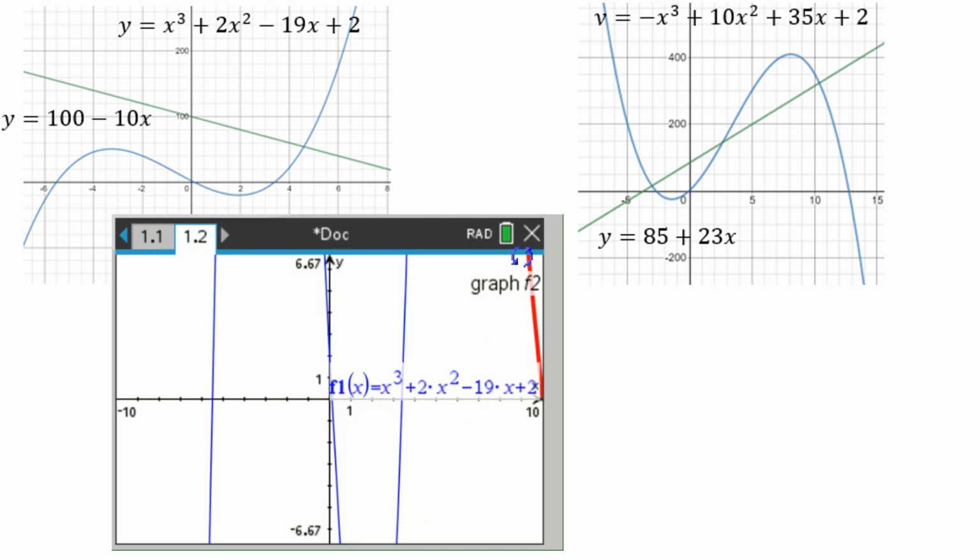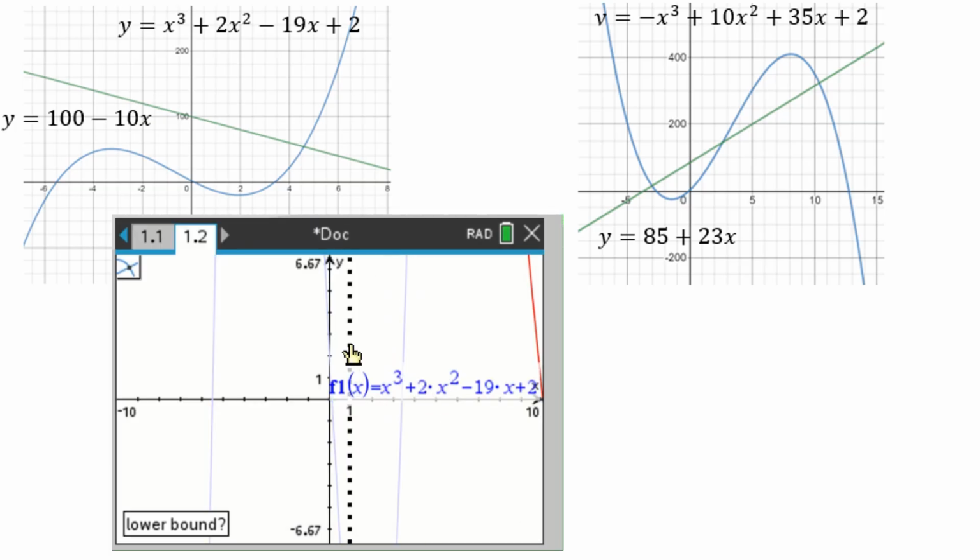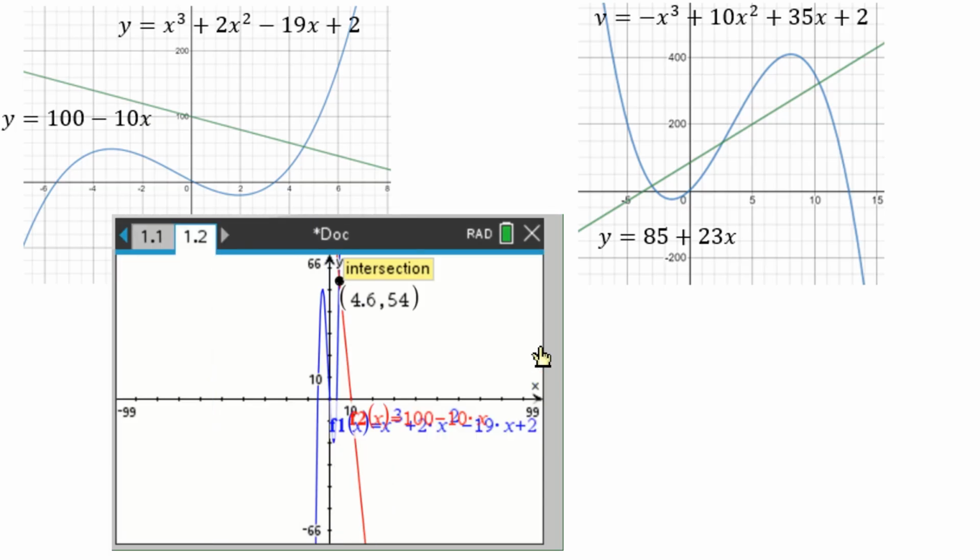If you go on standard, you can't see that it crosses, but you can see there's a red line here and the blue part of a graph. Let me just show you. Analyze graph, intersection, and it automatically zooms in to the point of intersection for you.